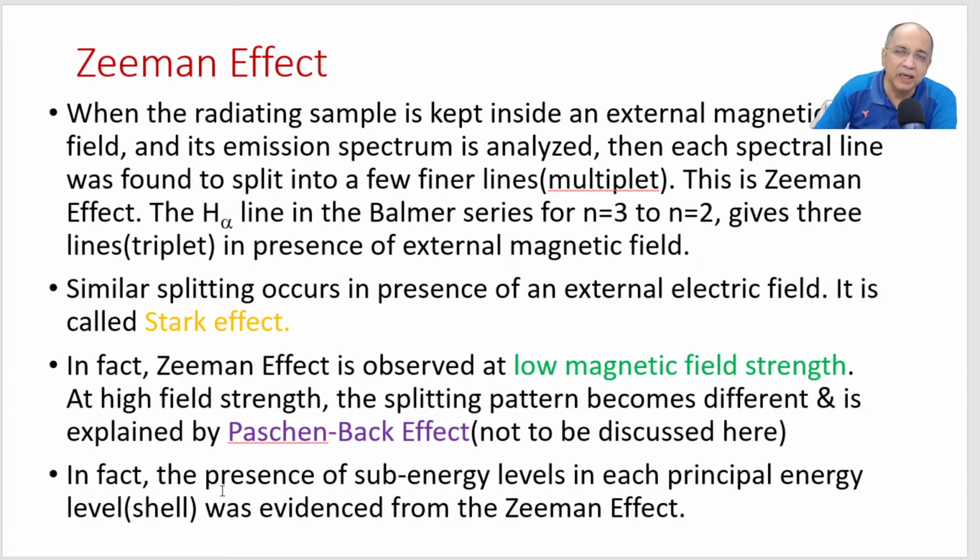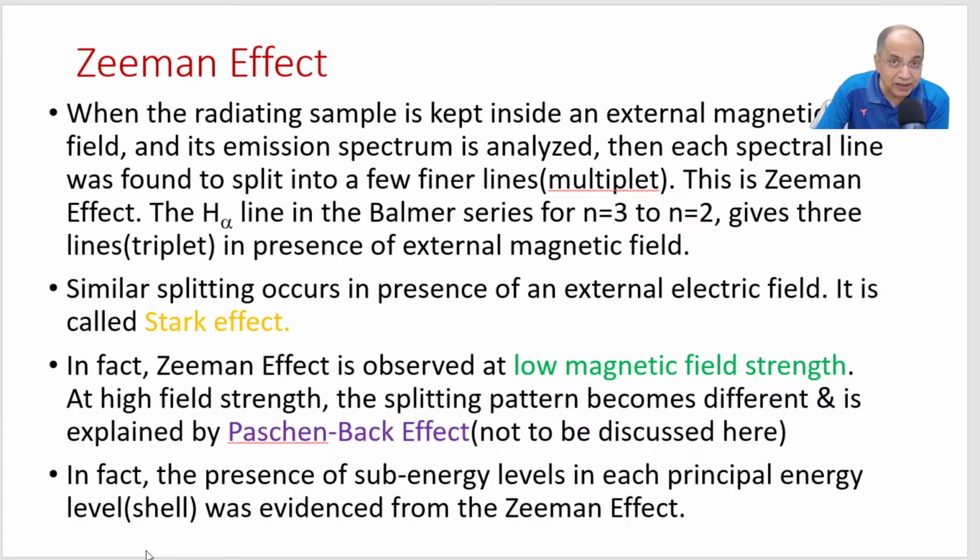That will be a different effect, that is called Paschen-Back effect. And we will not be discussing that. The Paschen-Back effect is not the topic of today's discussion. We'll be using only the Zeeman effect, which makes use of low external field strength.